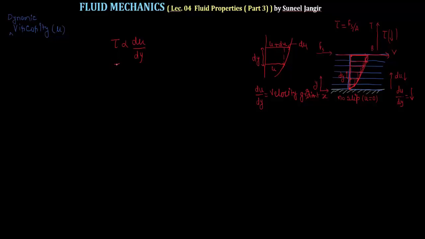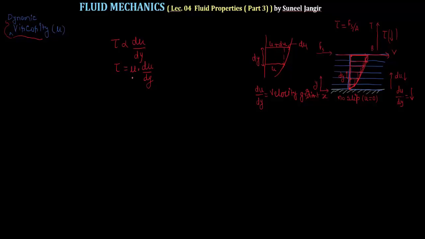That is like that: tau is equal to mu du by dy. So here mu is the proportionality constant, and this is defined as dynamic viscosity.